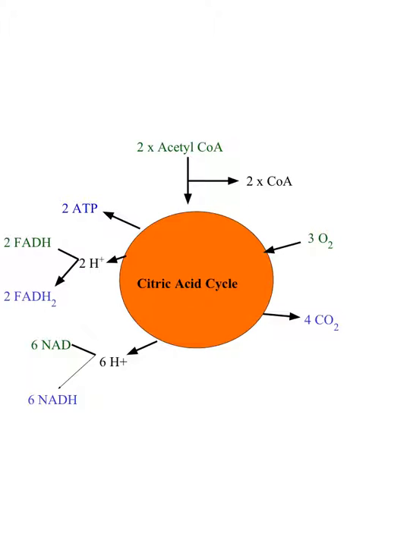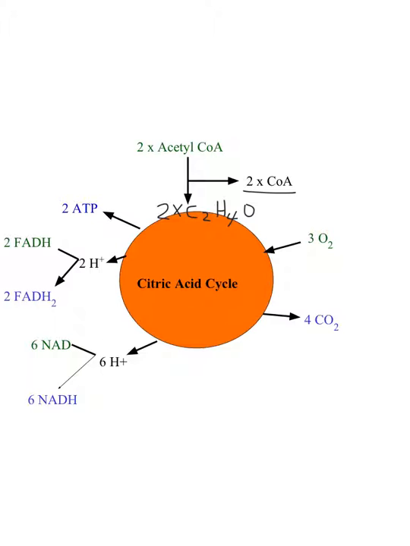Once again, we're going to take those acetyl coenzyme A's and strip off the coenzyme A. So what's left is just those acetyl fragments. Again, 2 carbons, 4 hydrogens, and 1 oxygen from the original glucose. But remember, there's 2 of these, so we actually have 4 carbons to deal with, 8 hydrogens, and 2 oxygens.